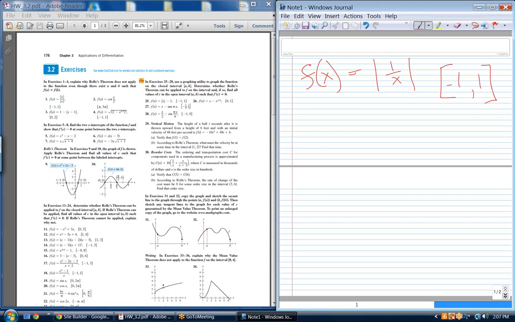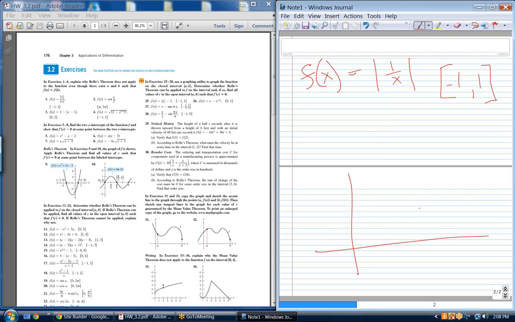So first of all, where is f of A equal to f of B? The endpoints of the interval. Yes, it's actually everywhere on the interval. But definitely at the endpoints. And since we're looking at Rolle's theorem, that's what we're going to look at. But why does Rolle's theorem not apply here?